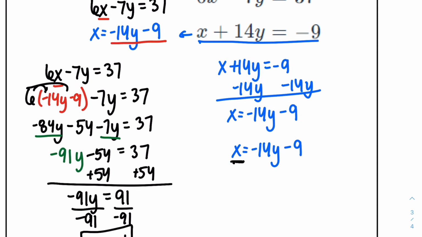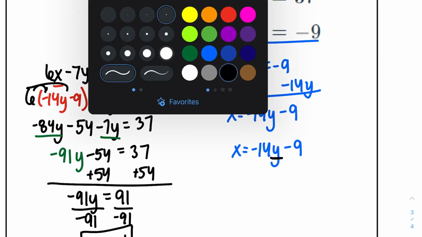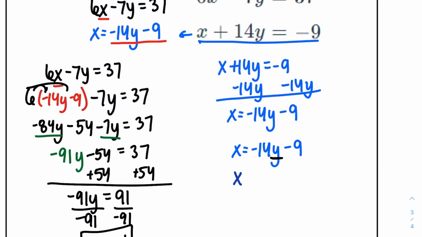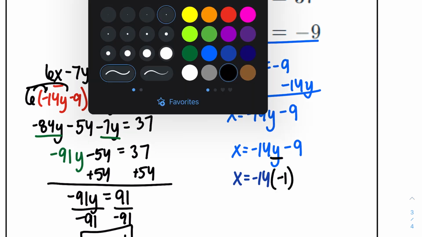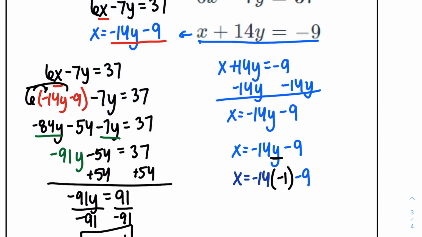So x is equal to negative 14 times our new value of y, which is negative 1, minus 9. Okay, so we distribute. Negative 14 times negative 1 is positive 14, minus 9. x is equal to 5. So we have one solution at 5, negative 1.